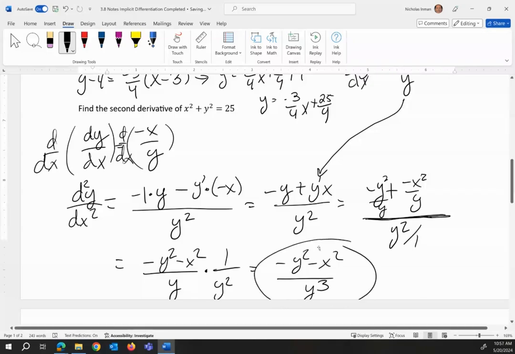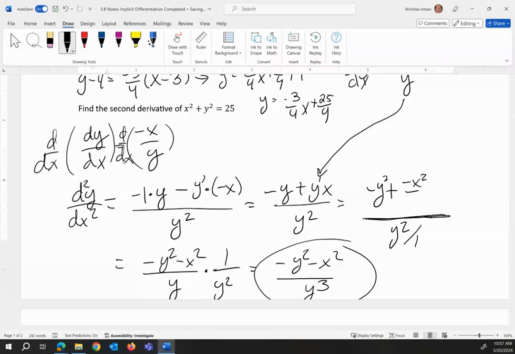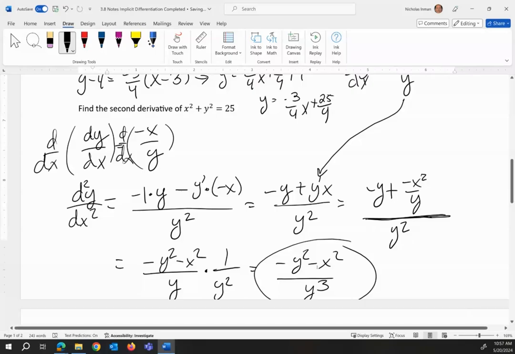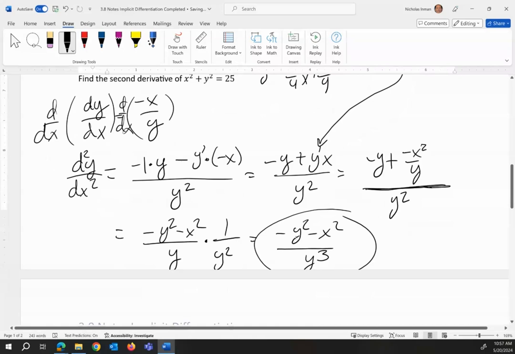And we can get our second derivative. Now, if we left it like this before I did all that, you would be fine. It would technically be correct. But this one just does look a little bit better when we don't have fractions on top of fractions.